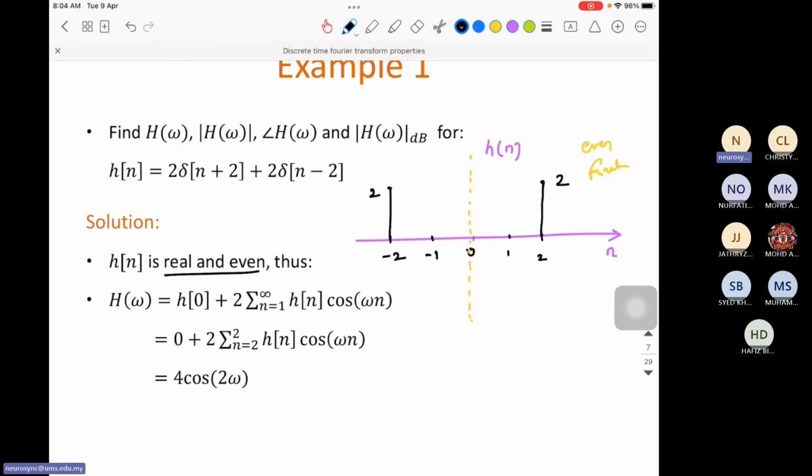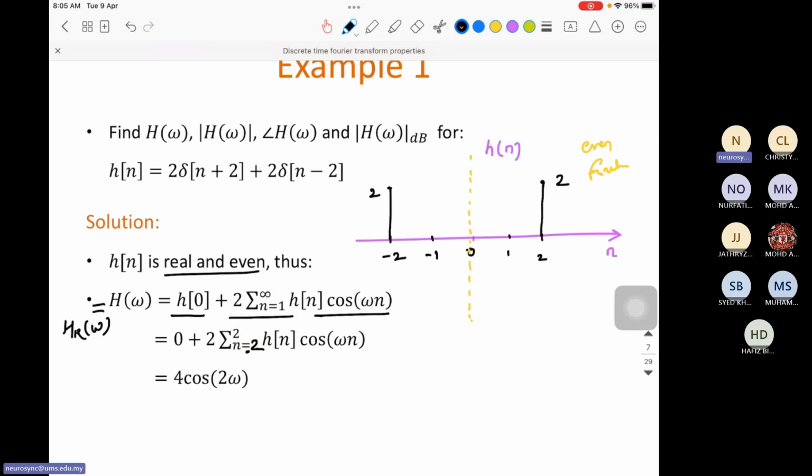In that case, what we have said in the symmetry property, this H of omega is nothing but H_R of omega, which is h of 0 plus 2 times summation from n equal to 1 to infinity h of n into cos of omega n. Now, we are interested in this interval only, minus 2 to 2, because it is represented in this span. Therefore, the summation will go from minus 2 to 2.